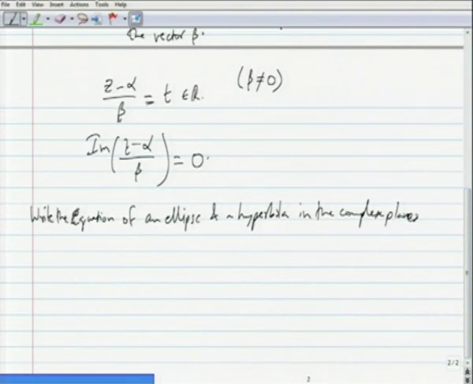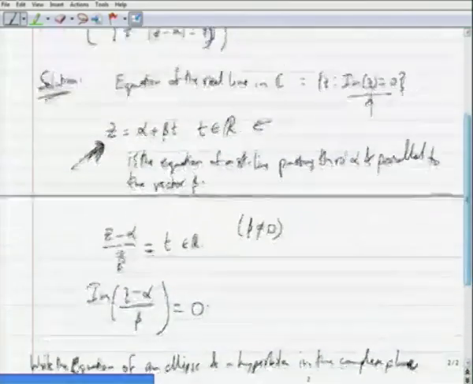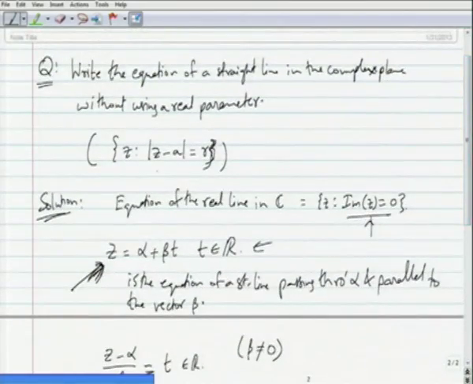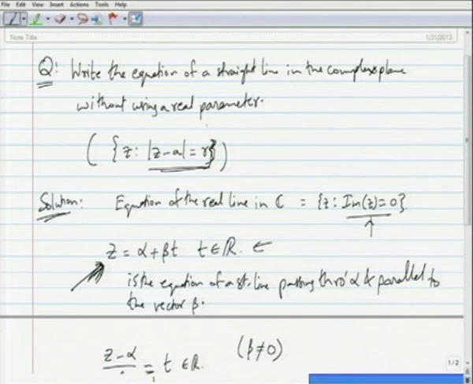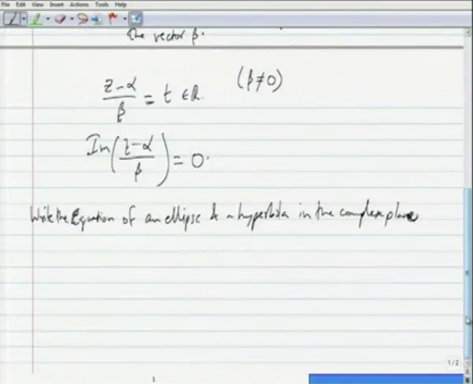Once again, you should not use a real parameter. In the case of the equation of a circle, for example, there are no real parameters. R is a constant, a is a constant, the only variable is z, which is a complex number. Likewise, write the equation of an ellipse and a hyperbola in the complex plane without using real parameters. So, that is an exercise.